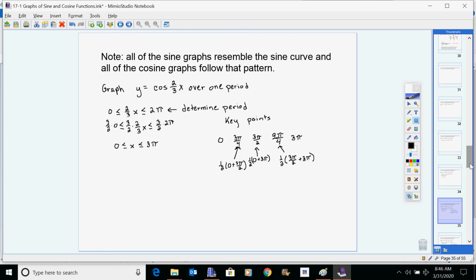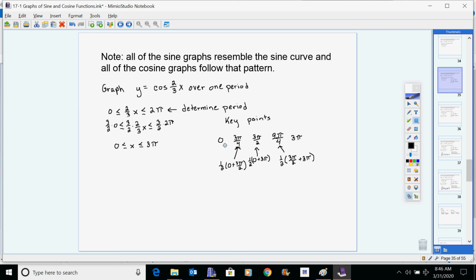Once again, if you are savvy with the calculators, you are certainly welcome to do that, but make sure that these are fractions in terms of pi. We don't mix decimals and pi. You've got to have fractions and pi for these things.